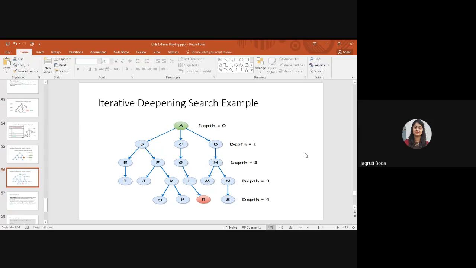Which six? So you can give me the path. So starting with node A. A B E I C G L R. No, F node you have not visited already, because B node has two children, E and F, right?